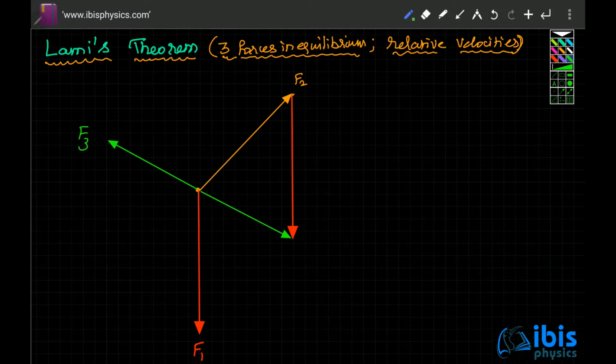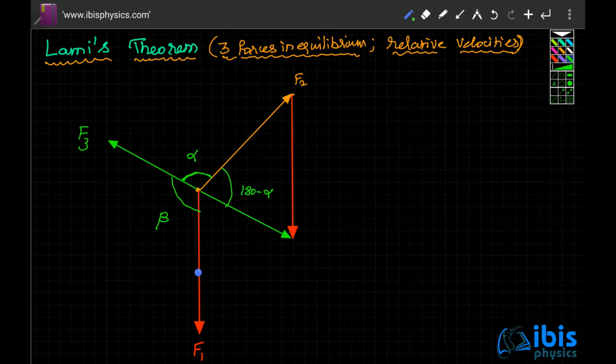We have to give some angles. If the angle between the other two forces, F3 and F1, is alpha, then this angle is 180 minus alpha. Suppose this is F2, and the opposite angle, let us call it beta. If this is beta, you know this angle is also beta, so these two lines are parallel.